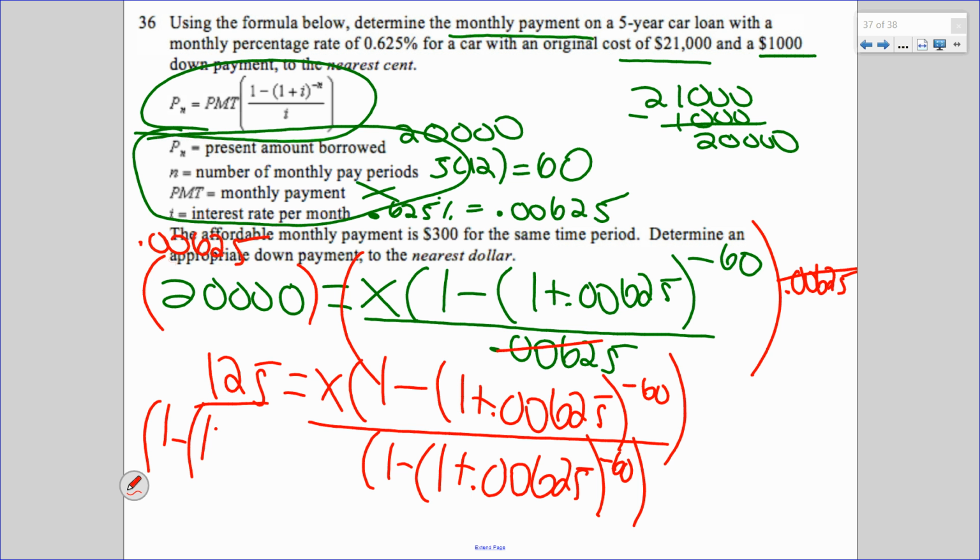1 minus 1 plus 0.00625 to the negative 60. I'm going to put that whole thing into my calculator. Make sure you're careful with the parentheses. Hopefully I don't make any mistakes. No promises.